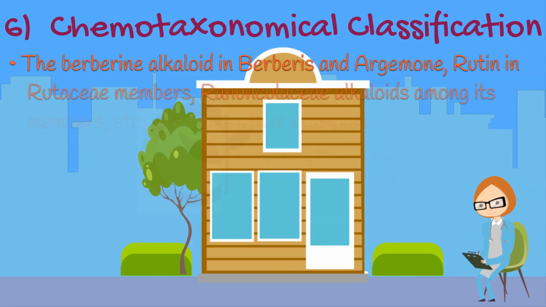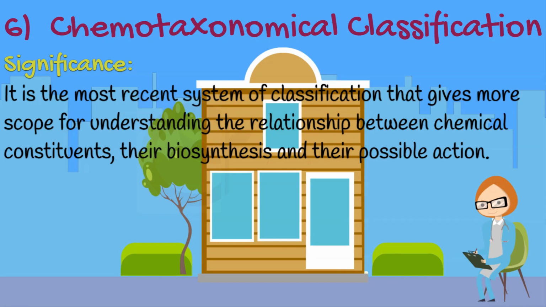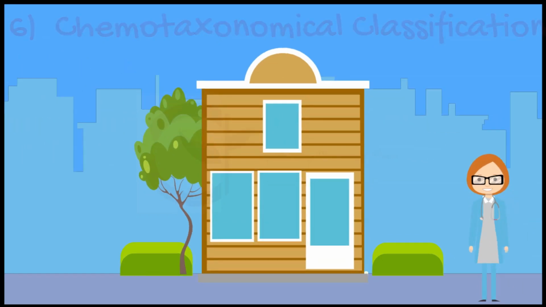The berberine alkaloid in Berberis and Argemone, rutin in Rutaceae members, Ranunculaceae alkaloids among its members, etc., are some other examples. It is the most recent system of classification that gives more scope for understanding the relationship between chemical constituents, their biosynthesis, and their possible action.